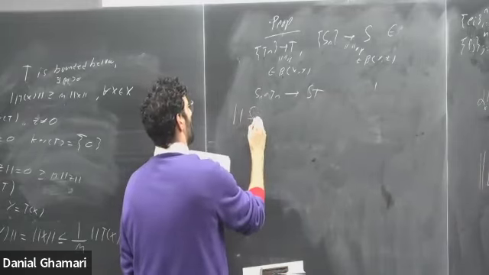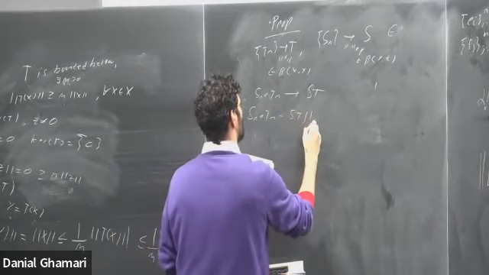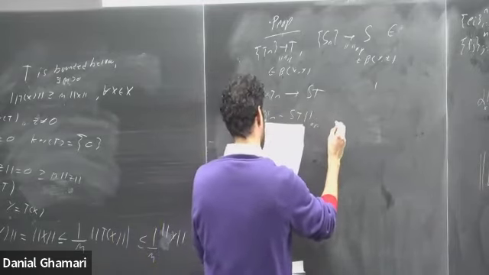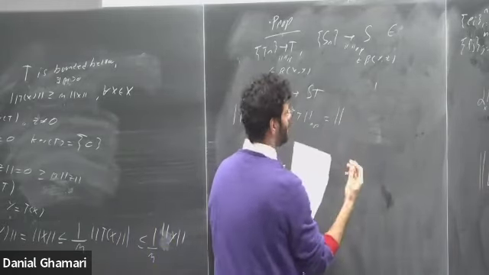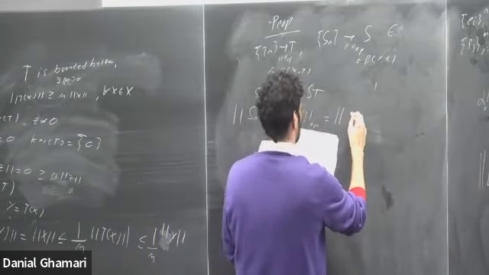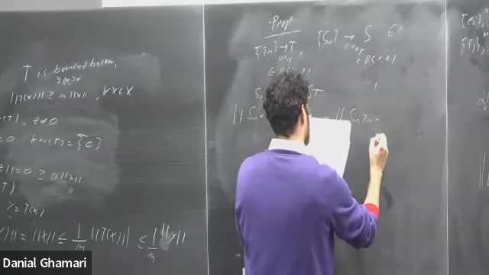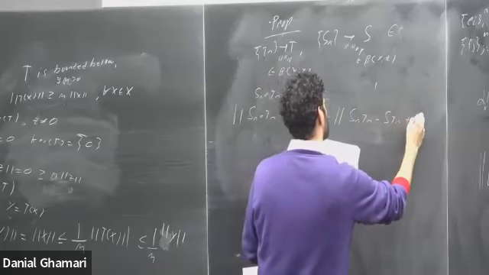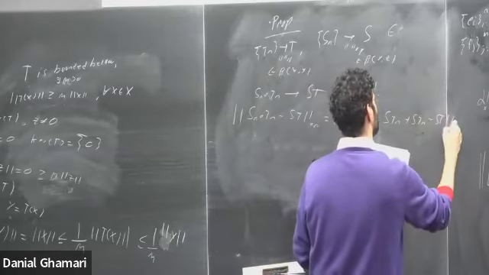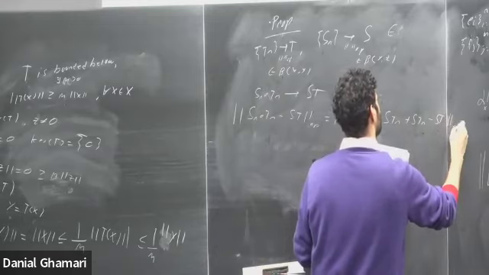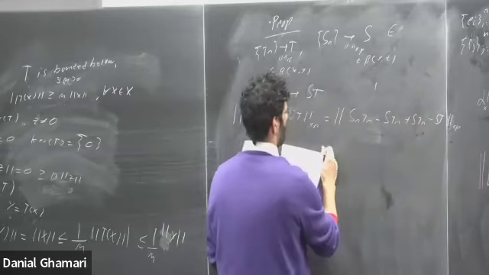So if we take the operator norm of SnTn minus ST, we can show that this is equal to, so here we're basically just going to add 0, SnTn minus STn plus STn minus ST. And then we can use the triangle inequality, because the operator norm is a norm.